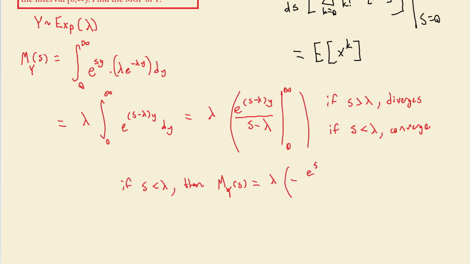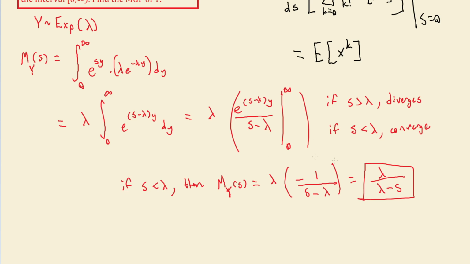We'll do minus e to the (s minus lambda), or no, we're evaluating this at 0, so this whole thing is going to go to 1, so we'll have negative 1 over s minus lambda. And so the more conventional way to write this is we distribute this negative across the bottom here, and so this is equal to lambda over lambda minus s. That's just distributing that negative here. And so this is our moment generating function.